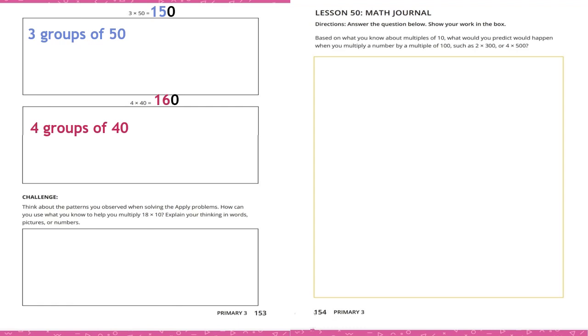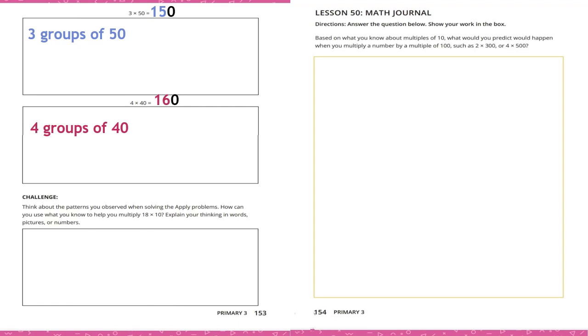I will leave it for you to solve. Here in Math Journal, based on what you know about multiples of 10, what would you predict would happen when you multiply a number by multiples of 100, such as 2 times 300 or 4 times 500? The same as we did.